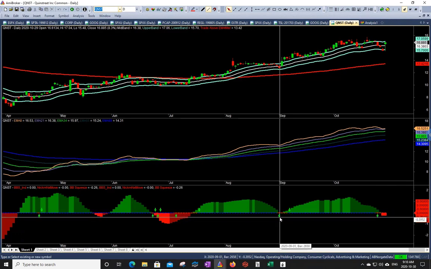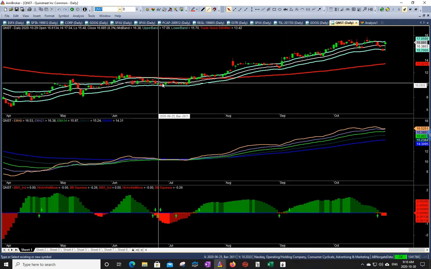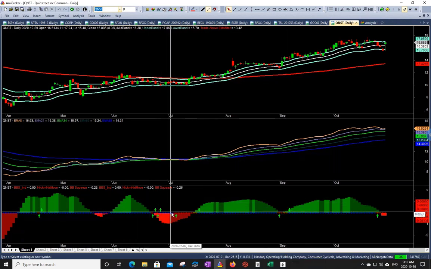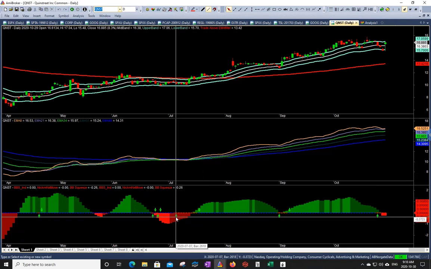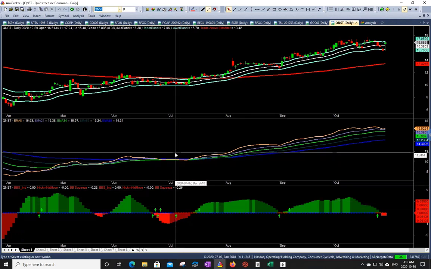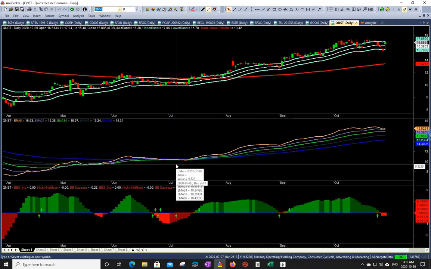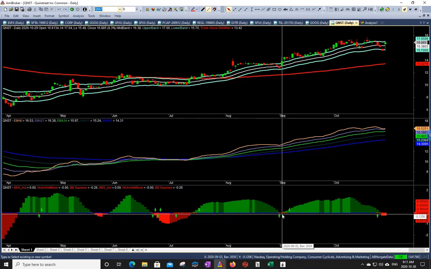When the dots are red, and you can see it really well here, you've got a compression in volatility. That just means that the Bollinger Bands are squeezed inside the Keltner channels, and that tells you that the market is pretty quiet and the volatility is low.